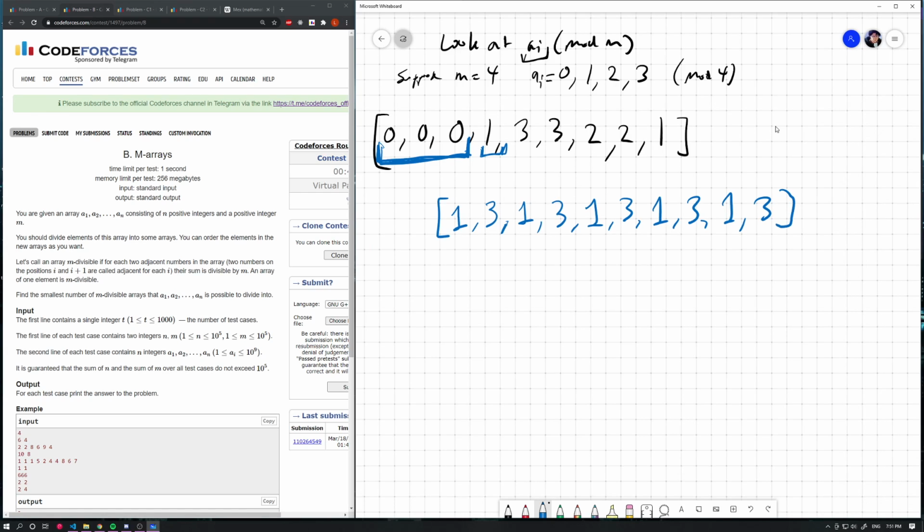And in general, we've discovered the case where it's 0.